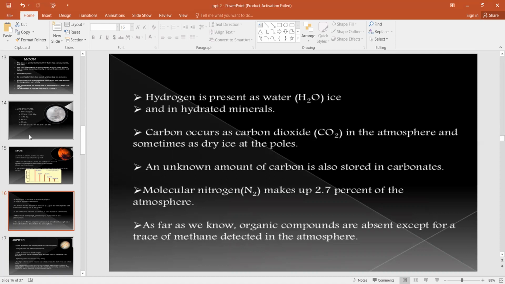Carbon occurs as carbon dioxide in the atmosphere of Mars, and as dry ice at the poles. An unknown amount of carbon is also stored in carbonates. Molecular nitrogen makes up around 2.7% of the atmosphere. As far as we know, organic compounds are absent except for a trace of methane detected in the atmosphere.